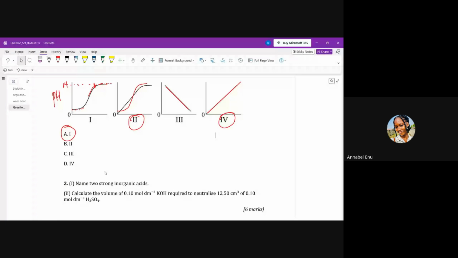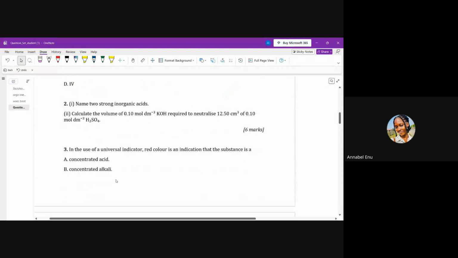Two strong inorganic acids. Nobody? H2SO4, HNO3. Very good.